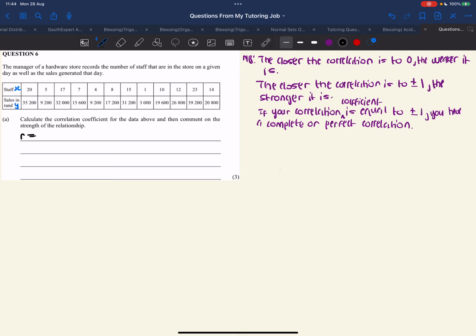Then you're going to see more options, and you click on the second option, where it says a plus bx. If you click on that option, it's going to give you x and y. Now in the place of x and y, you're going to put all of these values up until 14 and 20,800.